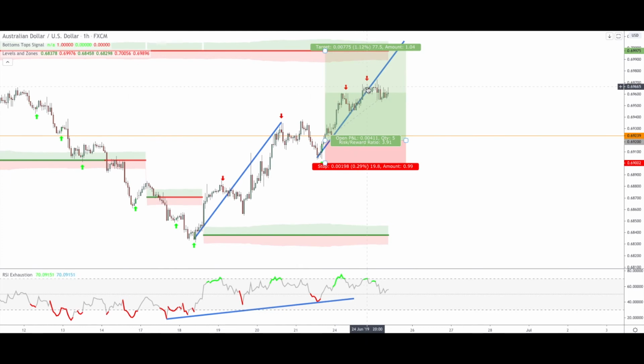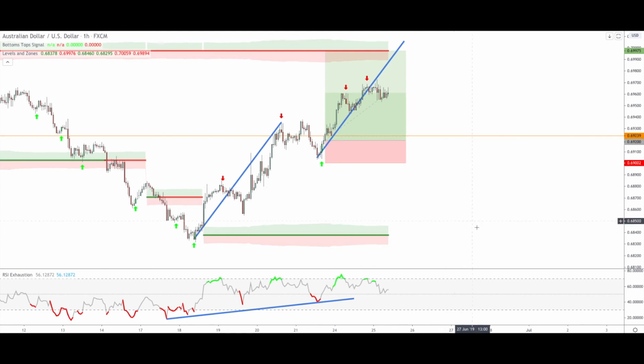So I don't expect the price from this point, where we are currently at, to just go down and start a major downtrend. If it is going to be a downtrend, it's probably going to be a minor downtrend. Otherwise, our initial analysis is still correct, and so we should expect to reach the target.